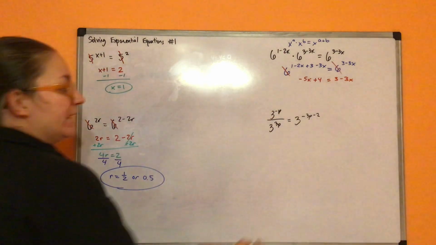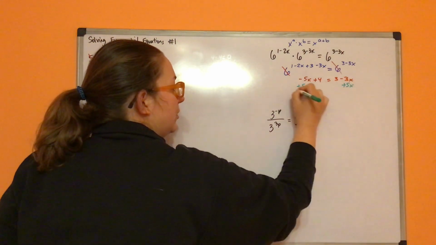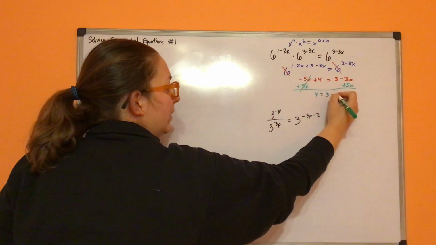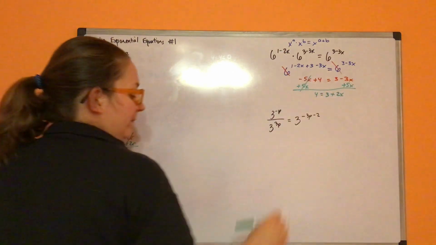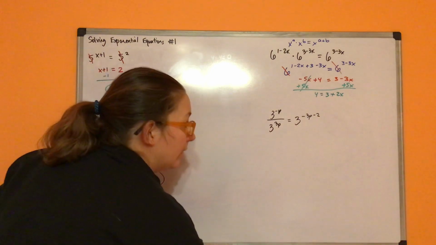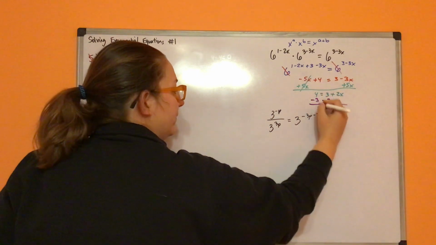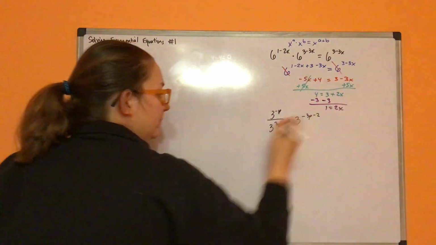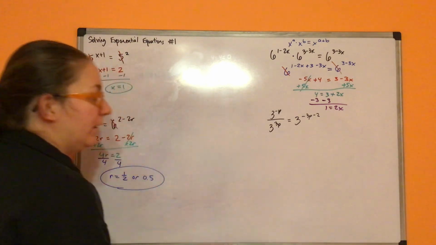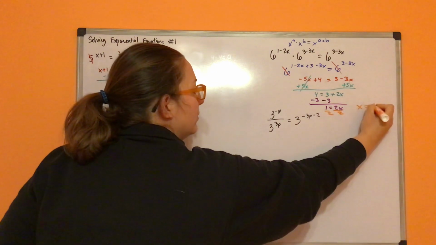I start by getting my x's on the same side. I'm going to choose to do that by adding 5x. You could have added 3x, that would work too. And I get 2x. And then I'm going to get my numbers on the same side by subtracting 3 from both sides. 4 minus 3 is 1. And then to finish this off, I'm going to divide both sides by the number in front of x. And I get x equals 1/2.